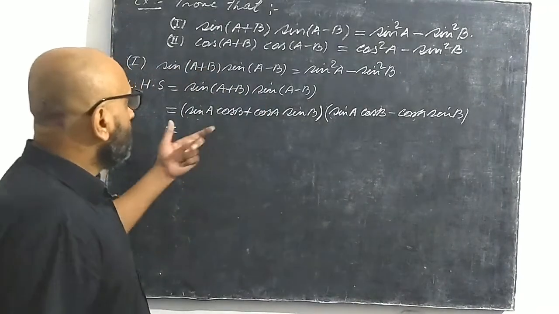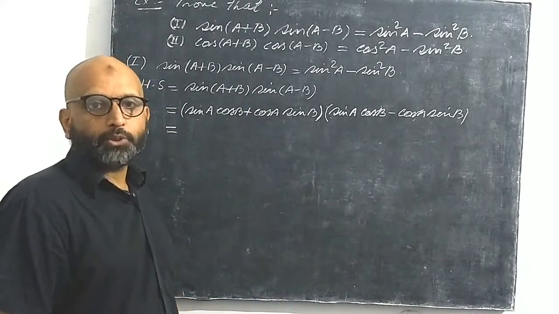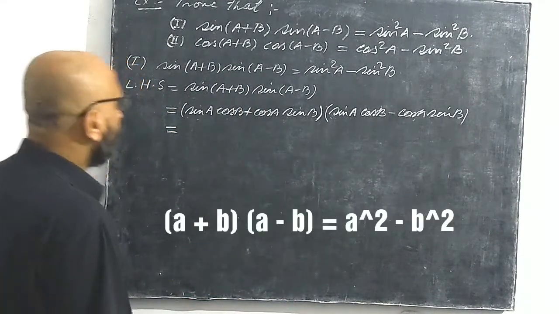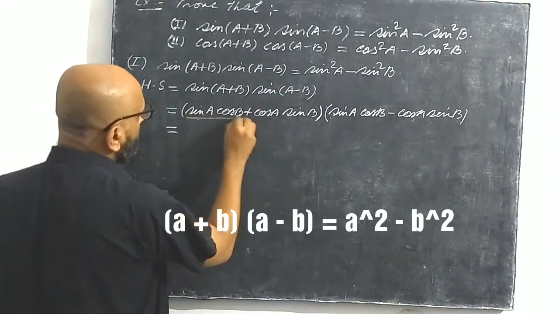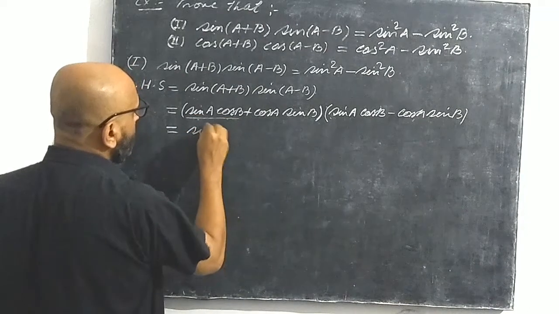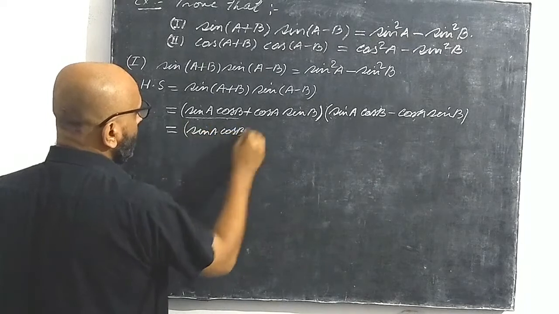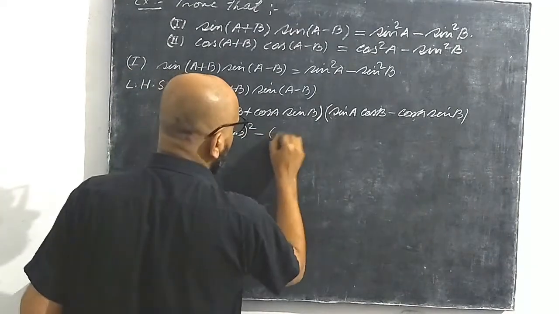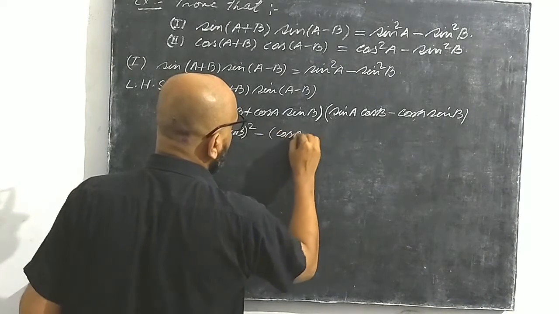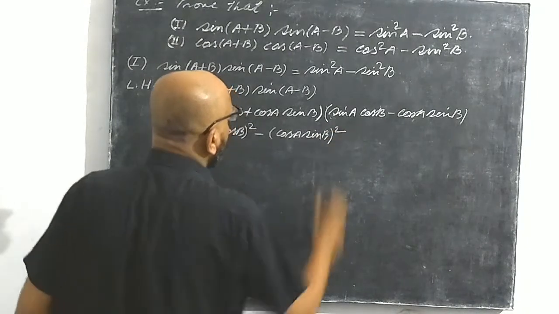That means we may use the formula (A plus B) into (A minus B), which is equal to A square minus B square. So we may apply that formula and write it as (sin A cos B) square minus (cos A sin B) square.